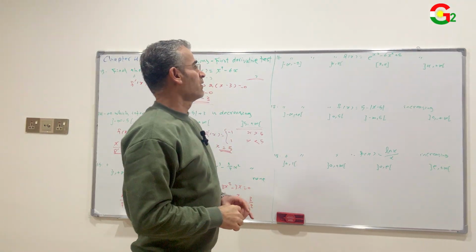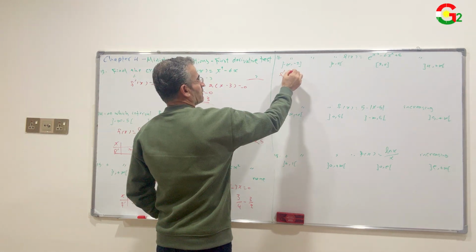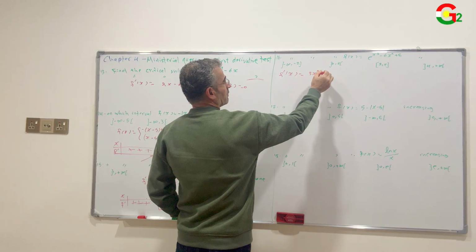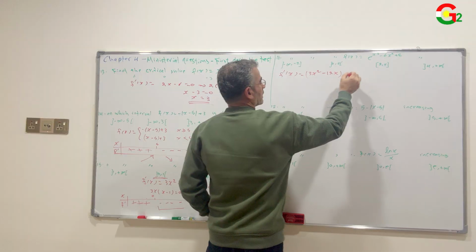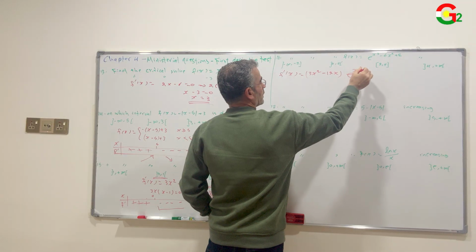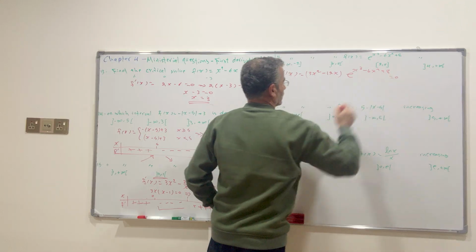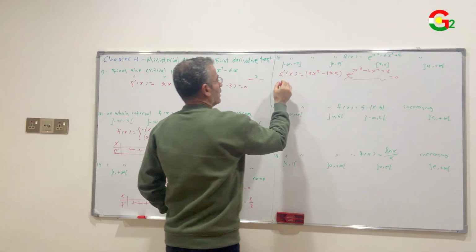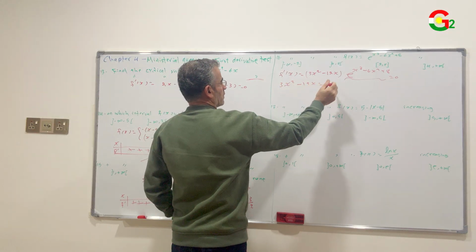Question number 16. On which interval is the function decreasing? Find the derivative of this function: f prime of x equals 3x power 2, the derivative of the power, minus 12x times the function e to the x power 3 minus 6x power 2 plus 8. Set it equal to 0. Since this term is never 0, then 3x power 2 minus 12x should be 0.